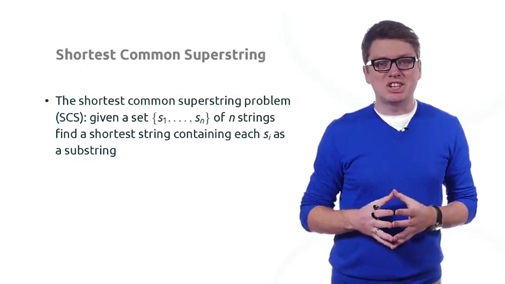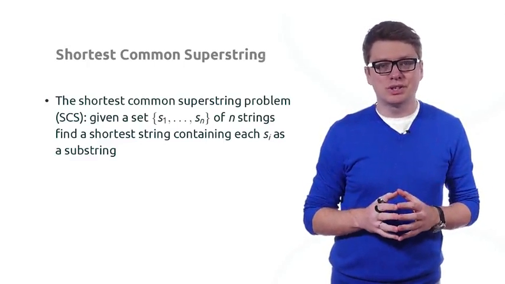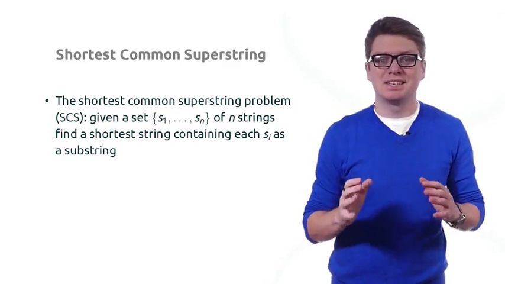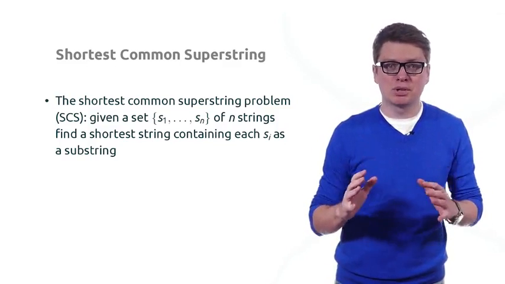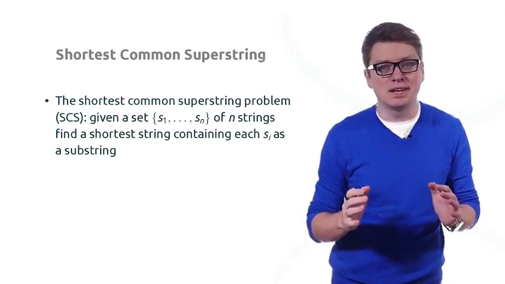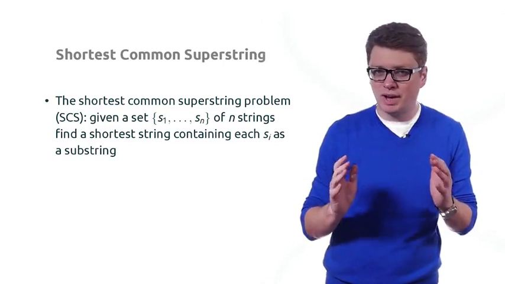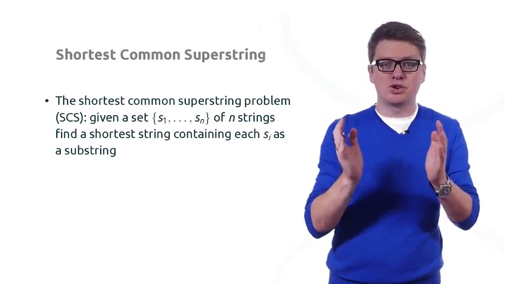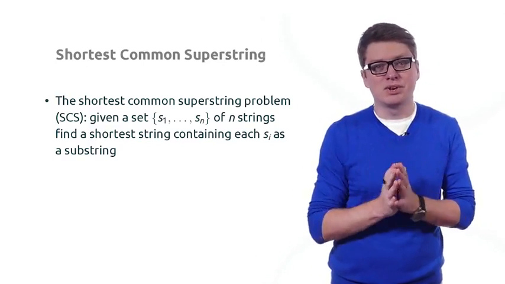Our next application is the so-called shortest common superstring problem, abbreviated as SCS. In this case, the input consists of n strings. What we would like to find is the shortest possible string that contains each of our n strings as a substring.